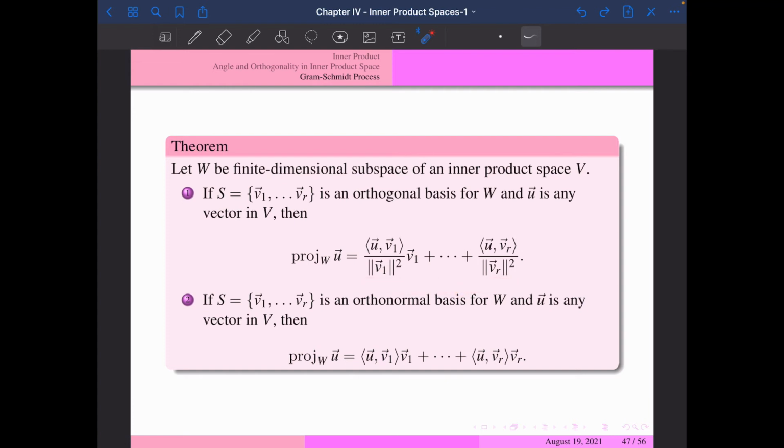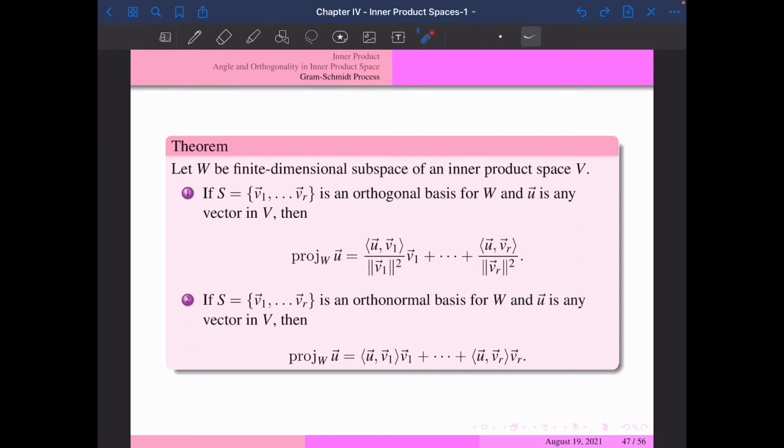And if S is an orthonormal basis for W, then we can reduce it so that the projection of vector u on W is equal to this formula. The proof is obtained from the projection theorem.